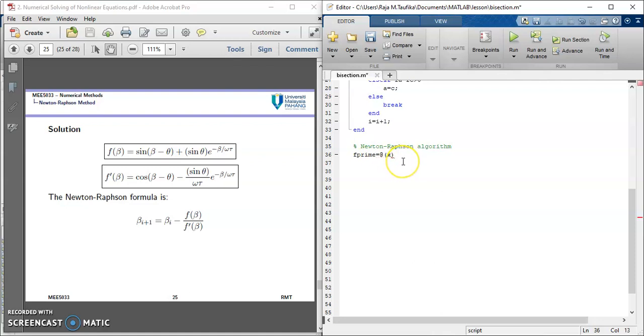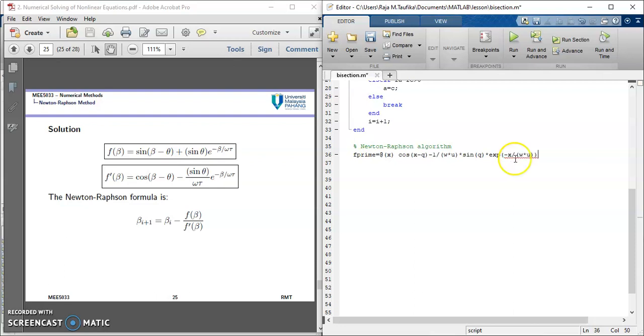So f prime of x, where x represents beta, equals cos theta, which is q, minus cos of x minus theta, which is q, minus, there are a few ways, but I prefer to write 1 over omega times tau, which is u, times sine theta times exponent power negative beta over omega tau, exponent power negative beta divided by omega tau.